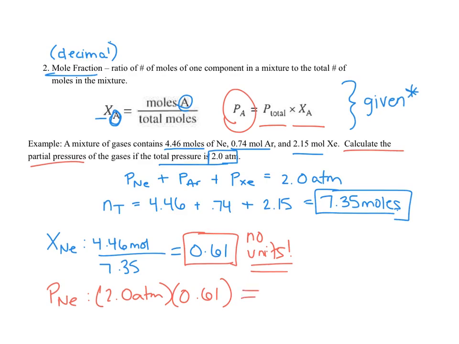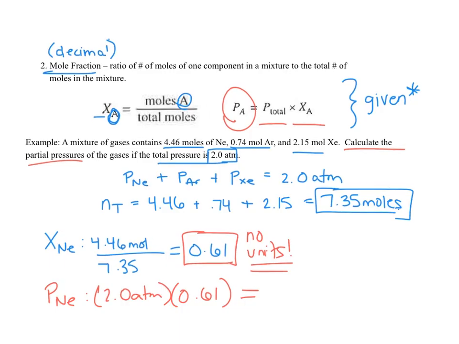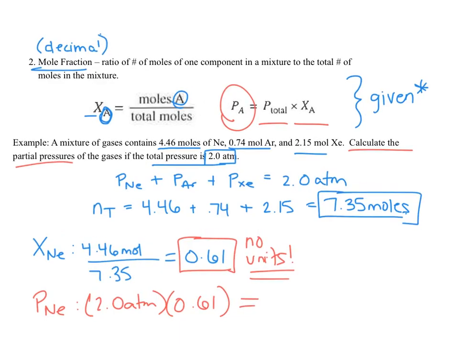So I can just take that total pressure, multiply by mole fraction, and get 1.22 atmospheres as my partial pressure of neon.